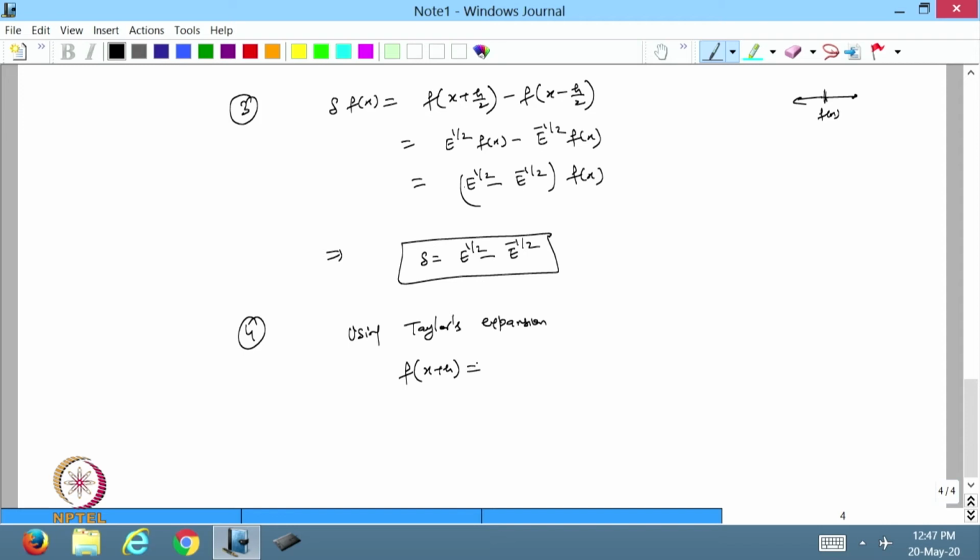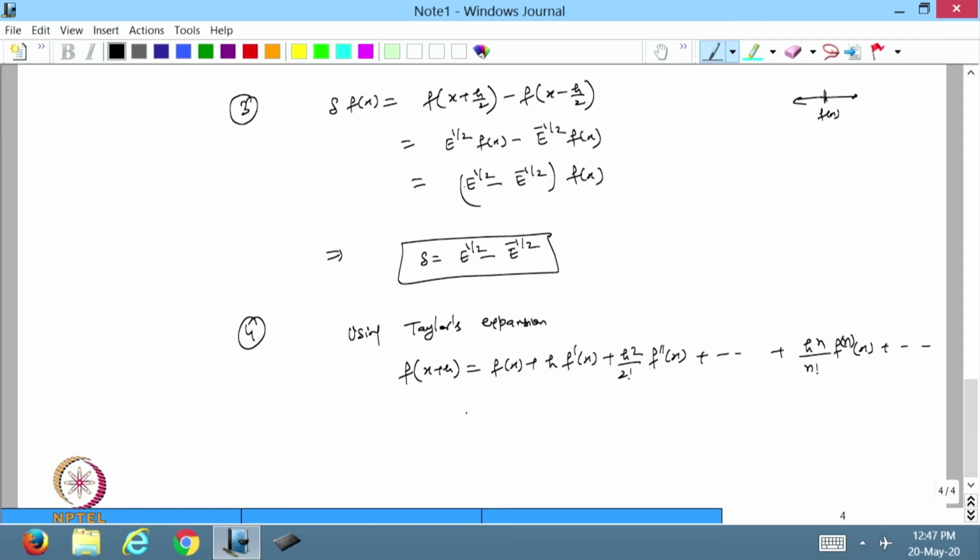Applying the Taylor expansion, this will equal f(x) plus h f dash of x plus h square by 2 factorial f double dash of x, and so on, up to h to the n by n factorial times the n-th derivative of f, and so on. So this is my Taylor expansion about x.